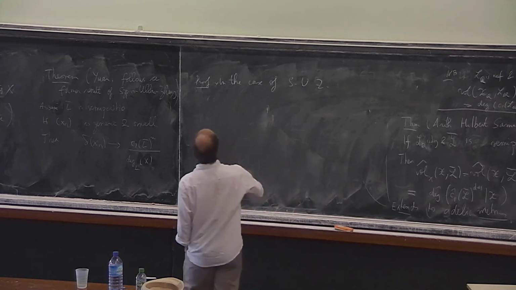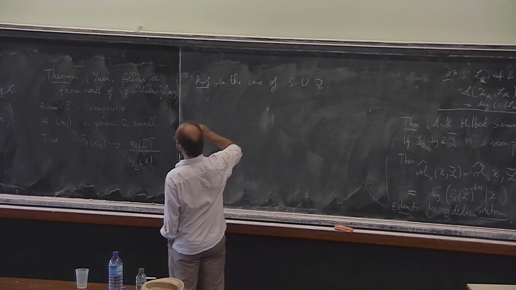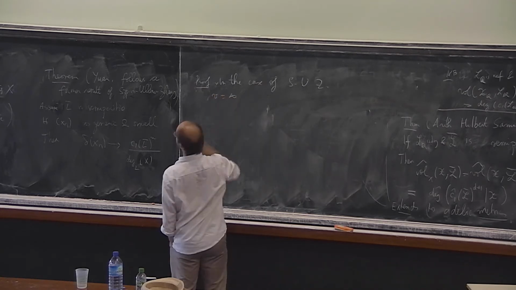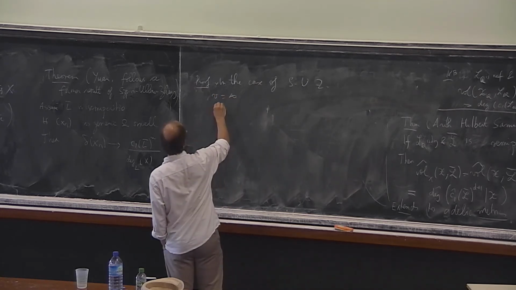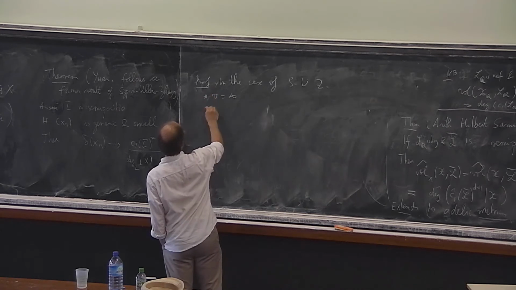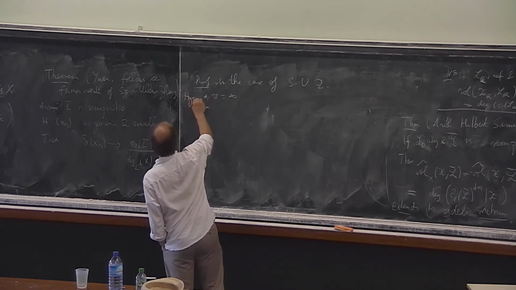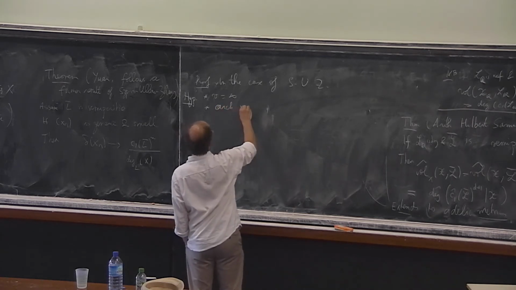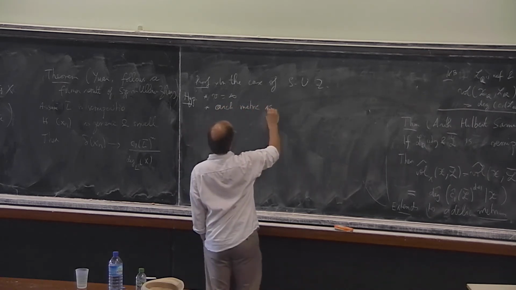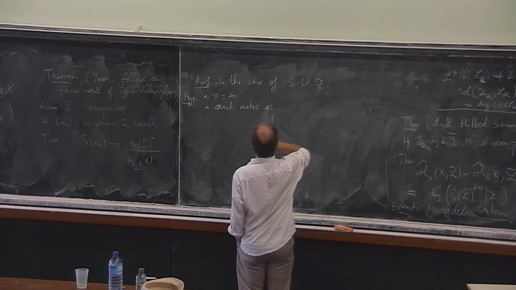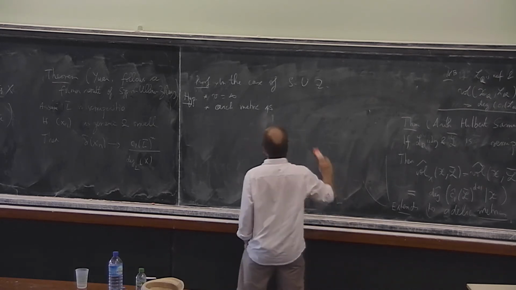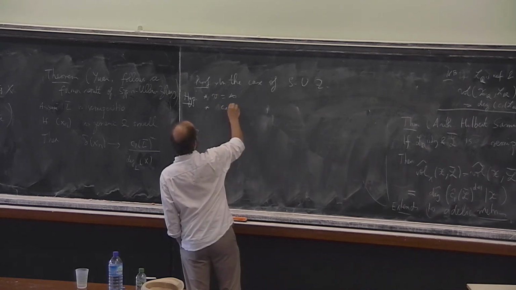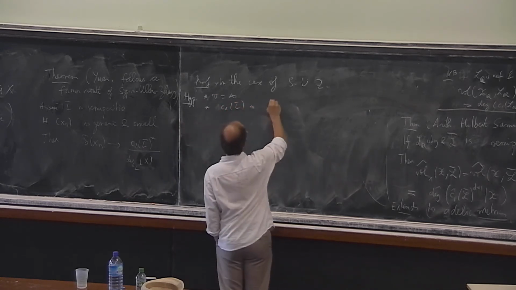So the proof in this case: v is the Archimedean place, and L bar has an Archimedean metric, and the hypothesis is that the curvature form at infinity is strictly positive.